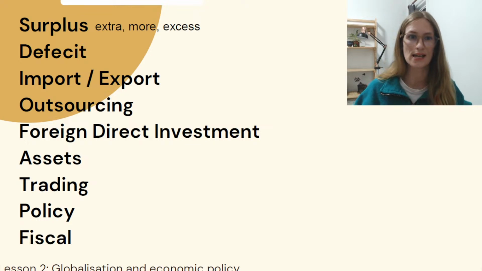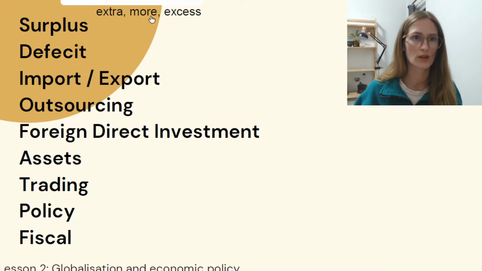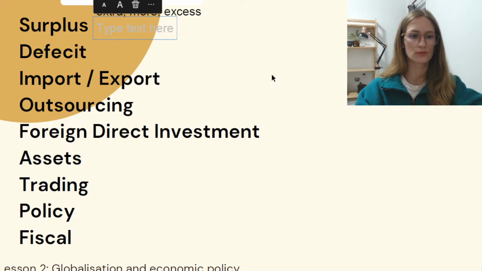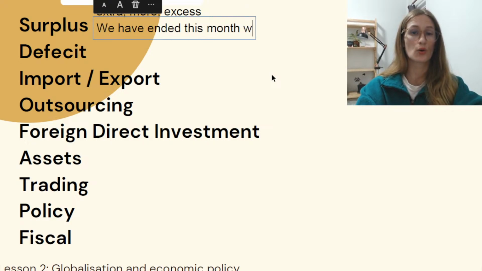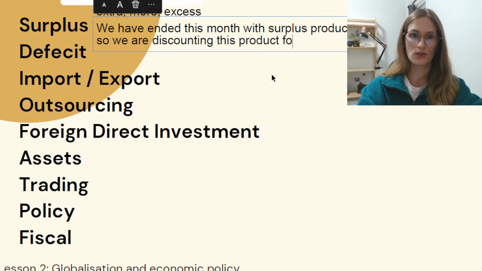Can you use it in a sentence? Yes, of course I can. Let me move this out the way and I will give you a sentence. We have ended this month with surplus product, so we are discounting this product for the next month.